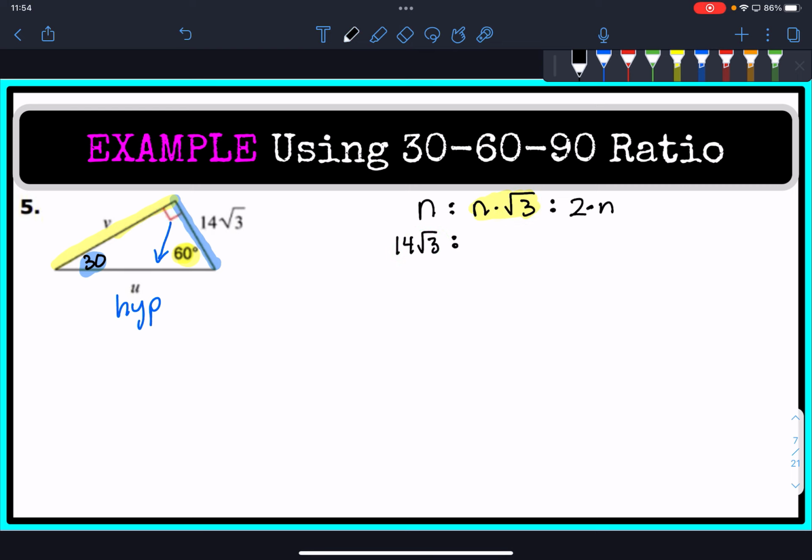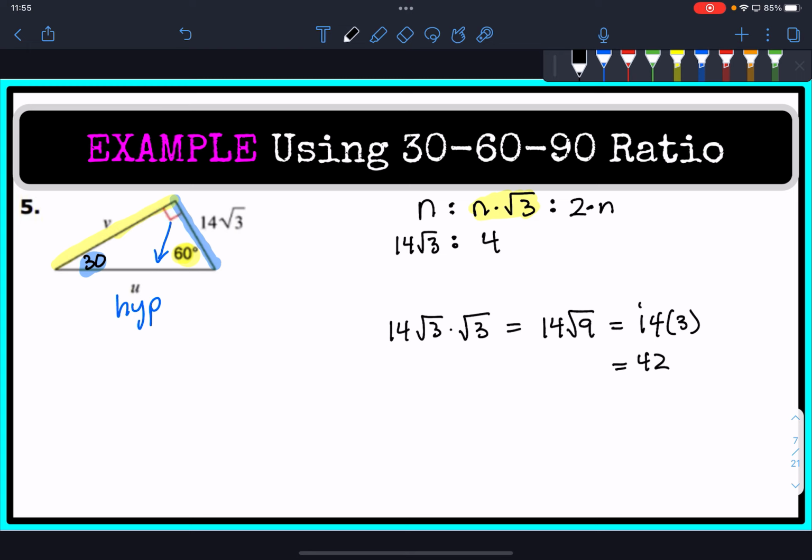So 14 square root of 3 times another square root of 3 is going to equal 14 square root of 9. And since the square root of 9 is a rational number, equal to 3, I multiply 14 times 3, which is equal to 42. So the length of this side is 42. The length opposite the 60 is 42.